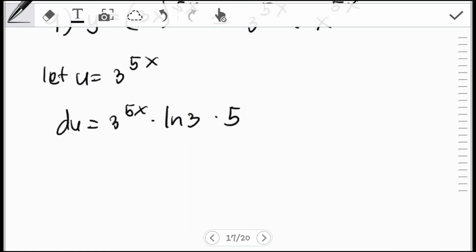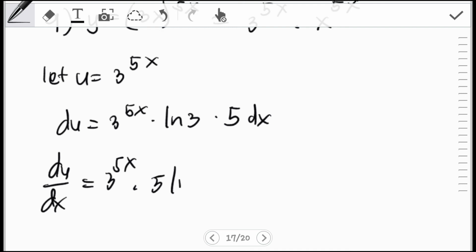Okay, so therefore, 5 dx, so therefore du over dx, that is equivalent of 3 to the power 5x times 5 ln 3.